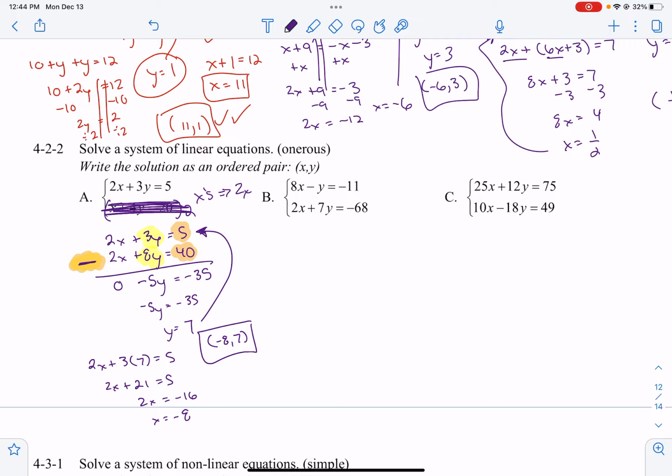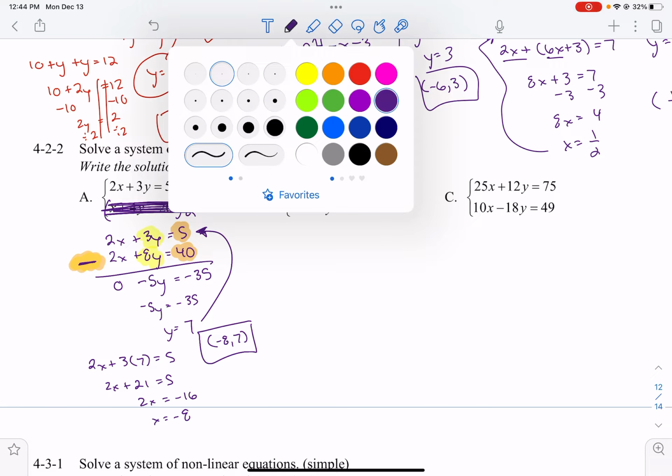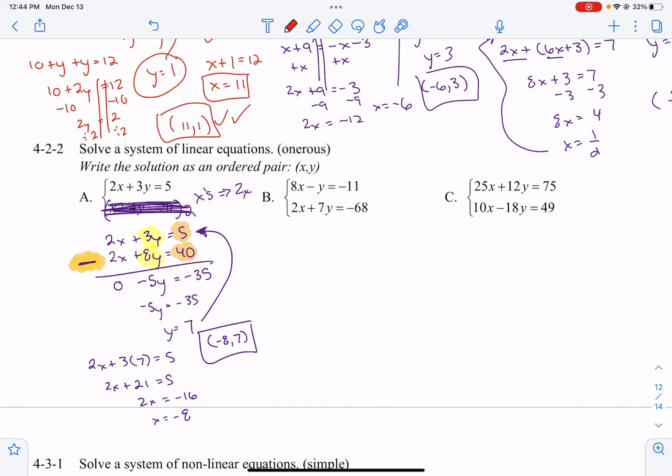All right, part B. 8x minus y equals negative 11 and 2x plus 7y equals negative 68. Let's go ahead and make the x's match. I want my x's to become 8x, because the first one's already 8x. So I'm going to take everything in the second one and multiply it by 4.